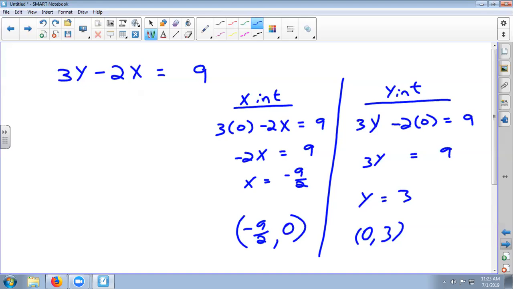Okay, let's graph. We're going to draw a Cartesian plane. Okay, 0, 3.